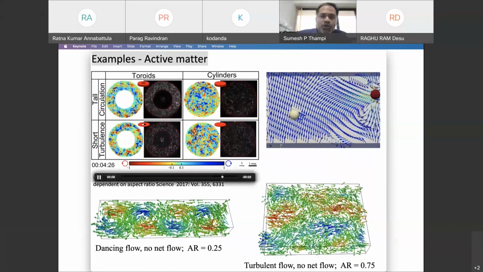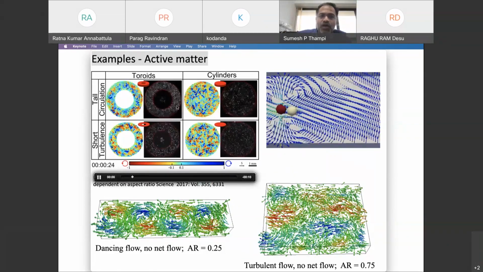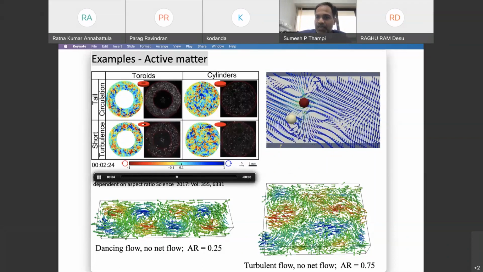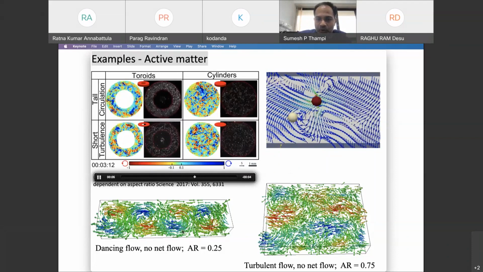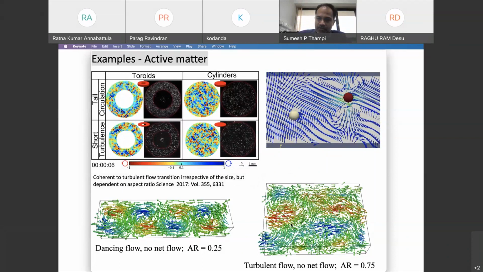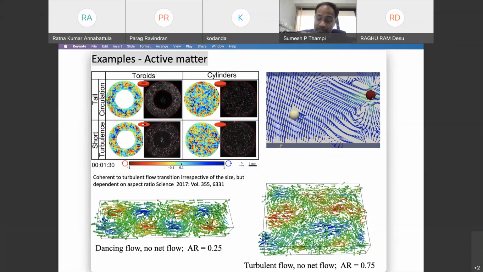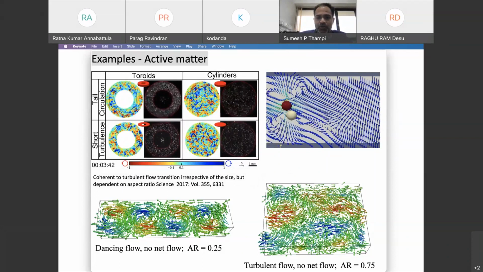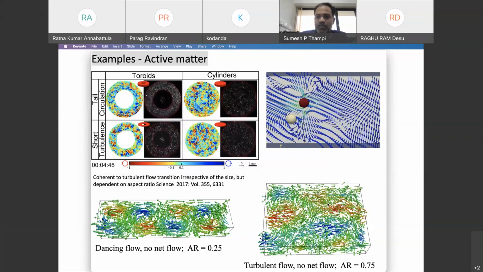Sometimes you get this nice flow around in a channel, or it could be very turbulent like, and the pictures at the bottom have been able to generate exactly similar flow in the same framework that I spoke about, in terms of turbulent like flow and so on.